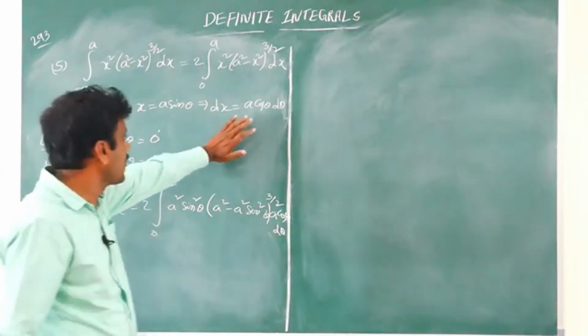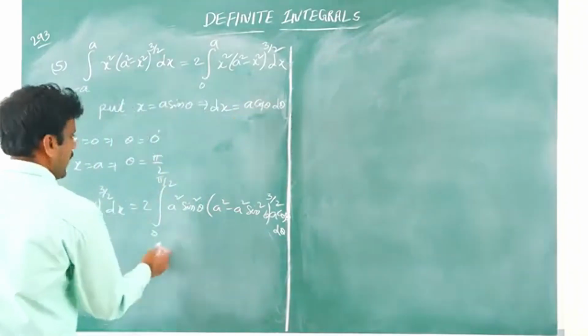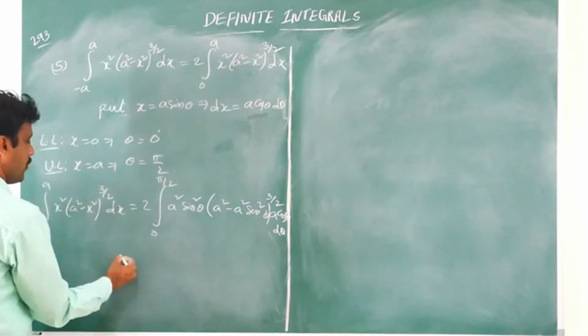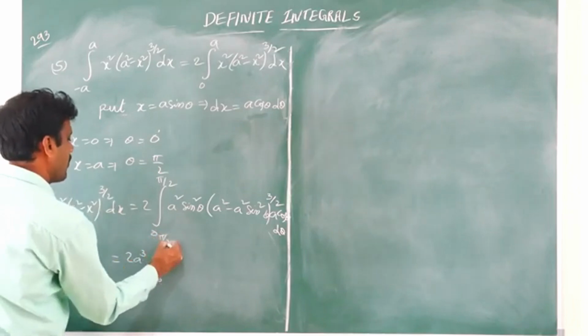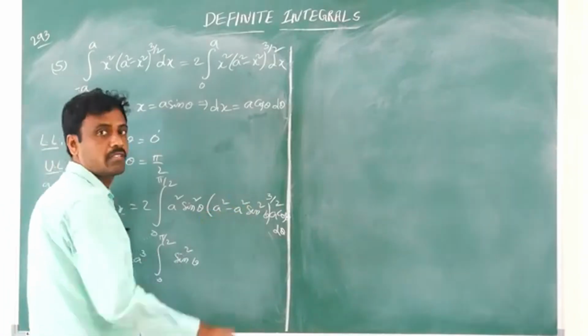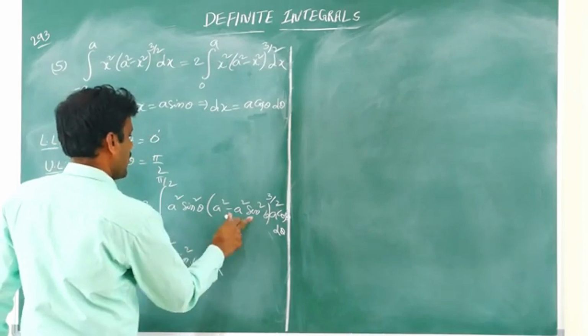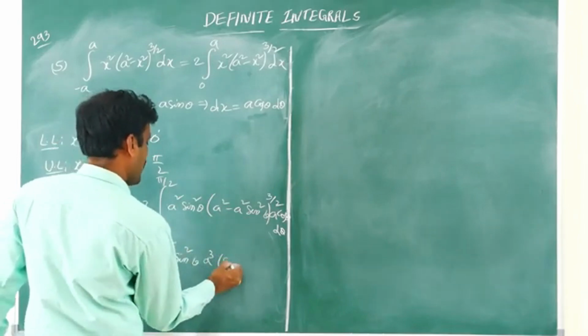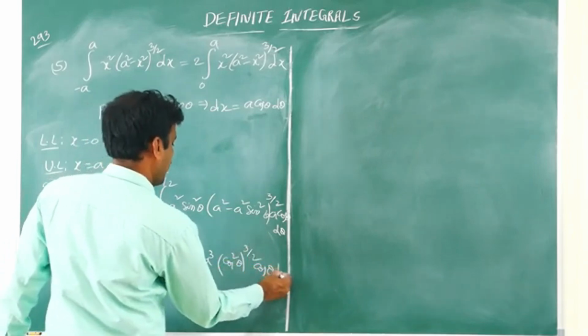Where dx equal to a cos theta d theta, that is a square a cube integral 0 to pi by 2 sin square theta. Taking a square common out, (a square) power 3 by 2 is a cube, so a cube into (1 minus sin square theta) is cos square theta power 3 by 2 cos theta d theta.